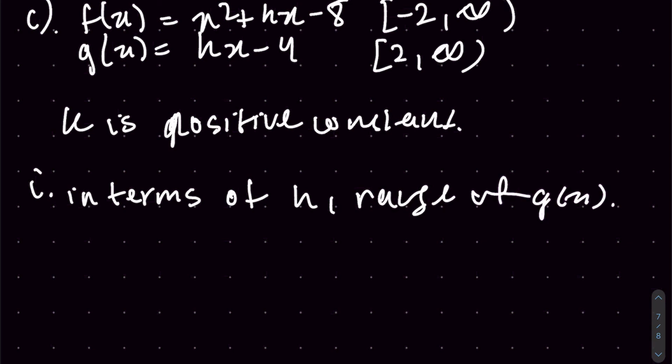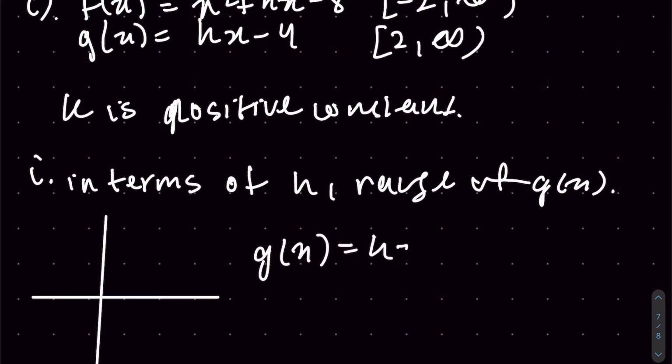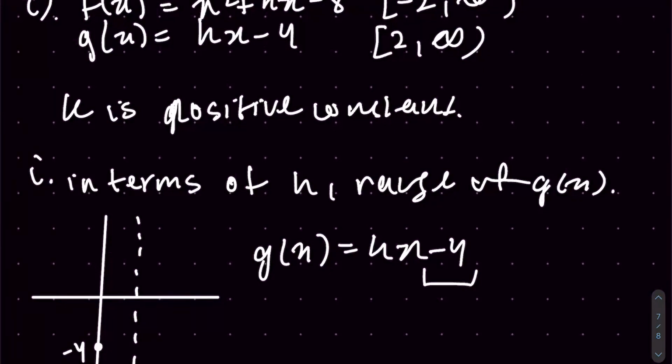Now, this question is pretty tricky, so we have to visualize this. If we draw the graph of g of x equals kx minus 4, it's a linear line, and we know that the y-intercept is negative 4, so we will pick a negative 4 line here. And we will draw the line of x equals 2, as that's our domain restriction.